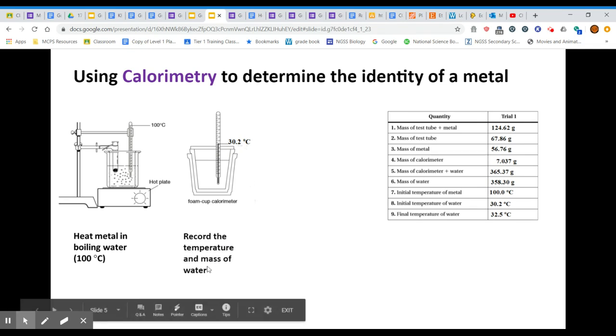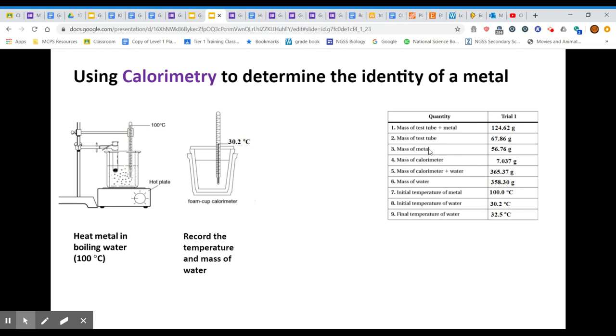We also record the mass of the water. All these recordings have been noted in the data table. Here, the mass of the metal is 56.76 grams, that was taken before we put that metal in the hot water bath. And then we take the mass of the water that we have used in the cup.